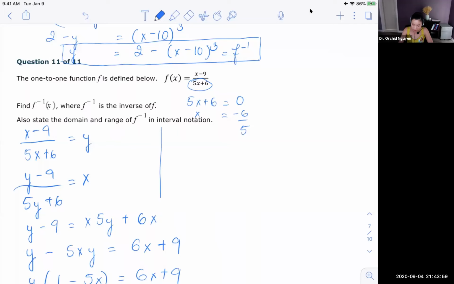Therefore, the range of the inverse, which is the domain of the original function, is going to be everything from negative infinity to negative 6/5, union negative 6/5 to infinity. And that's how I find the domain and the range.